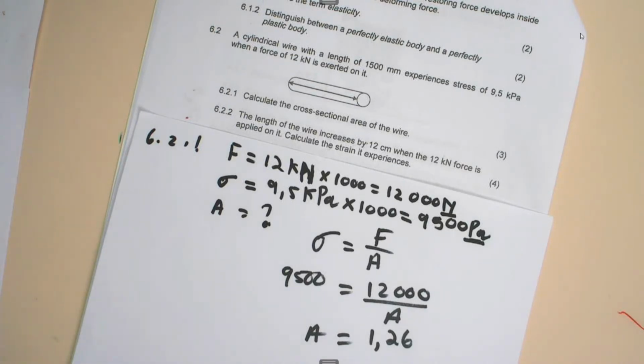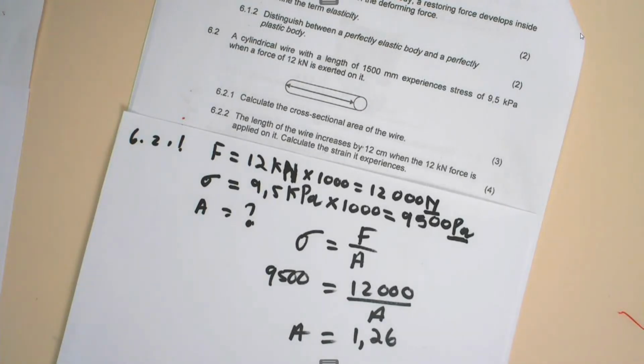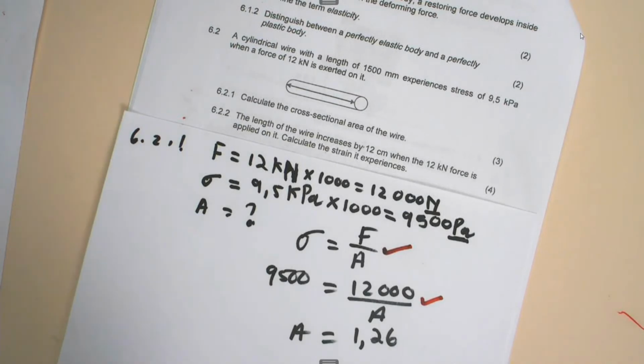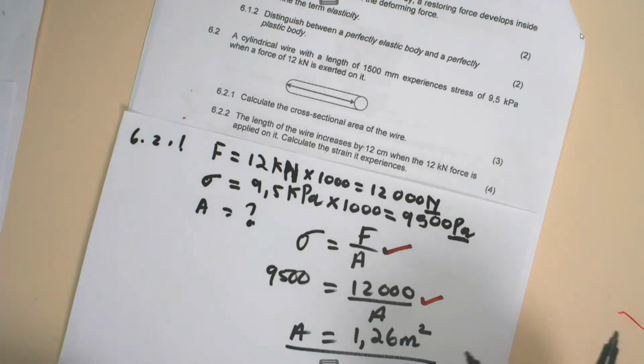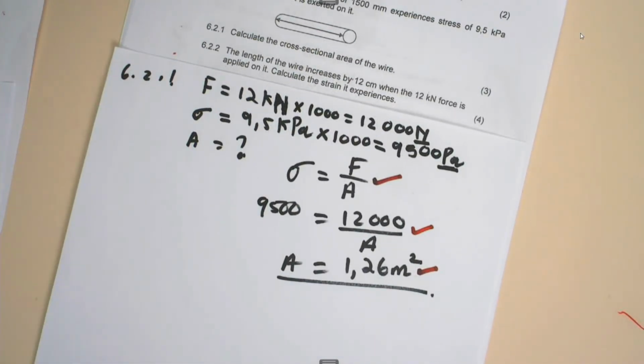But now remember the marking guideline. What does it say to me? I must have my formula, my substitution, and my answer with what? With the SI units. What will be the SI units for area? Square meters. It's only then that I will be given the mark for a final answer.